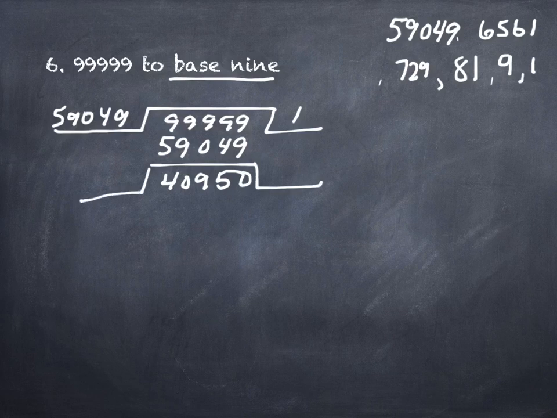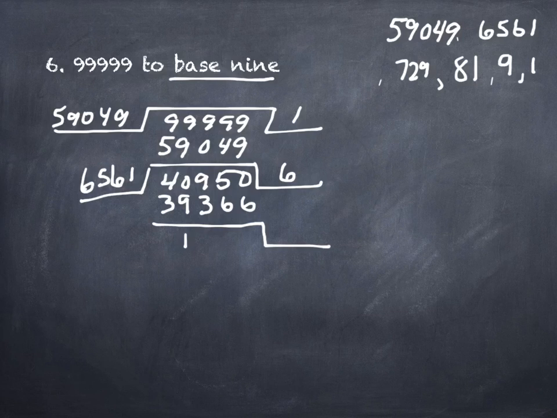All right, so we're just going to again go down the list. The next number to divide by is 6561. So if I divide 40,950 by 6561, it goes in 6 times. 6 times 6561 is 39,366, which I will subtract from the 40,950 to give me a result of 1584.